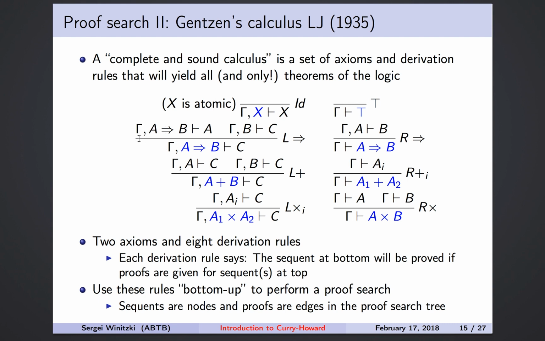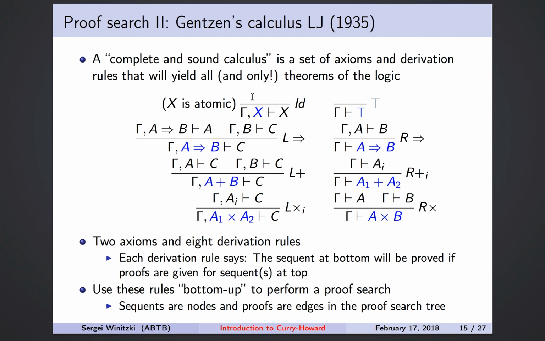So, the fraction, such as this one, means that there is a sequent in the denominator, which we will prove if there are proofs given for sequents in the numerator. In this rule, there are two sequents in the numerator. Other rules may have one sequent in the numerator or no sequents in the numerator.